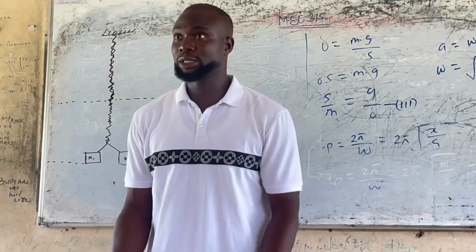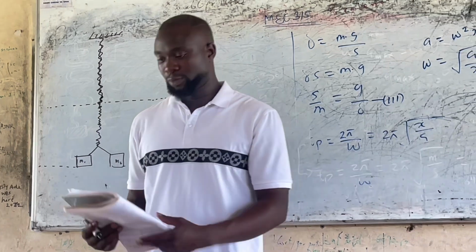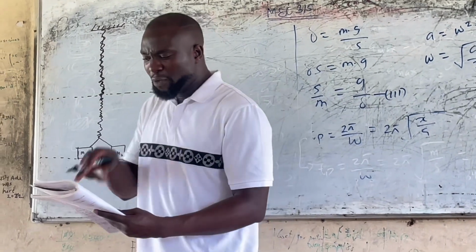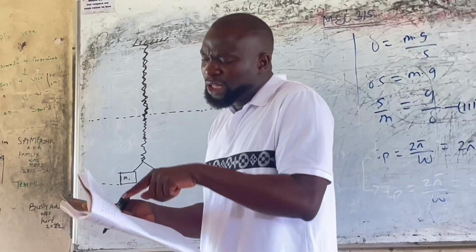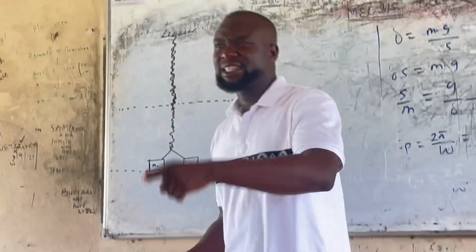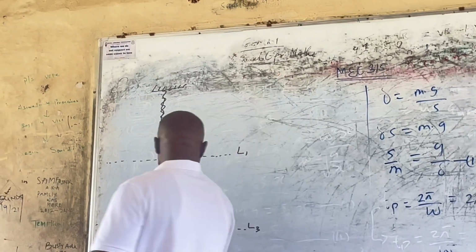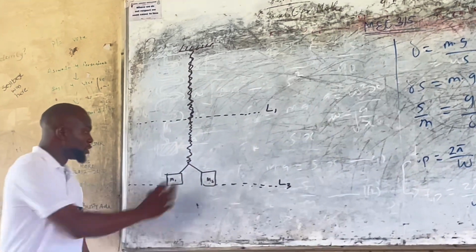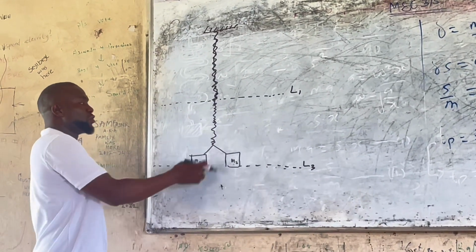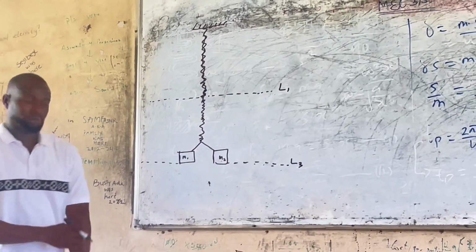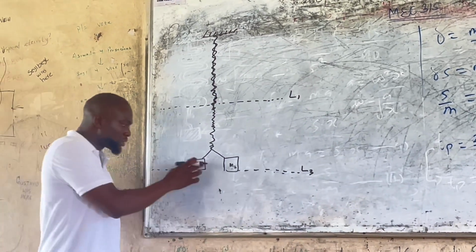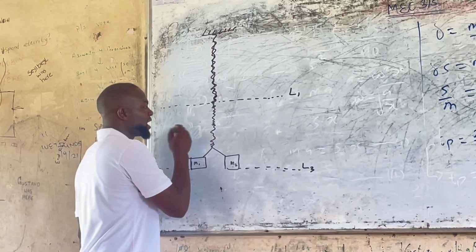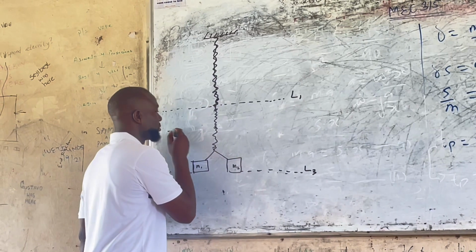It will stay at one point, but the spring will be stretched. But the question now says one of these masses is suddenly removed and the system oscillates. When you remove this one, the spring will draw it up. Then later it will balance at this point.